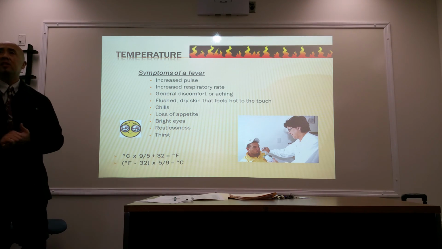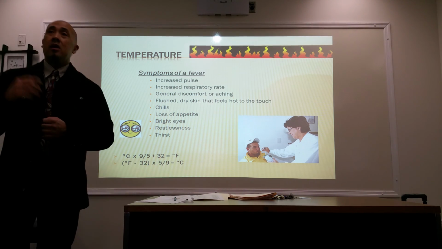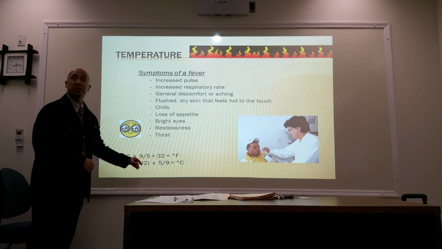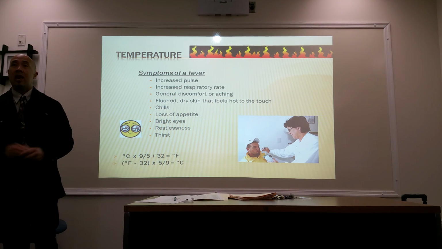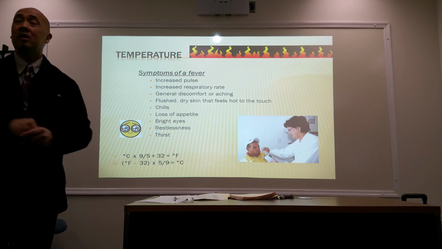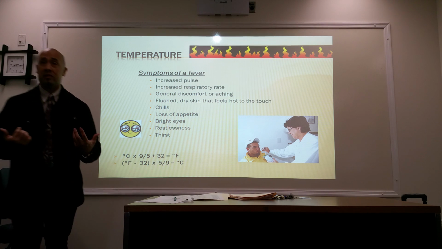Depending on what facility you're going to end up in, they may choose to use Fahrenheit for temperature or Celsius. I've worked in many facilities. One place they're using Fahrenheit, and another place they're using Celsius. One place they're using pounds, another is using kilograms. You've got to know how to convert these units.